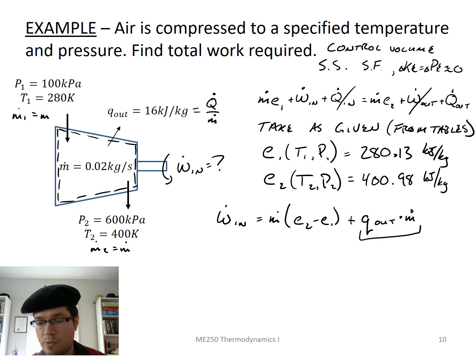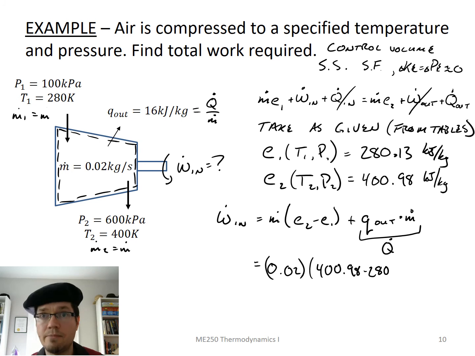And again, that Q out times m dot, where Q is the heat loss from this system. So we can run through that and find that we get 0.02, the mass flow rate given in the question, times that change in energy, 400.98 minus 280.13, plus 0.02 times our heat loss of 16 kilojoules per kilogram.